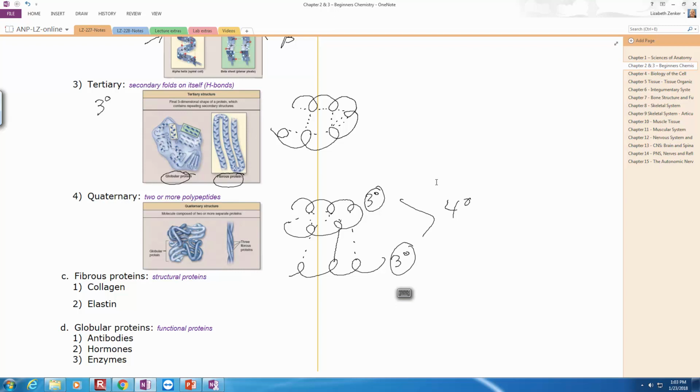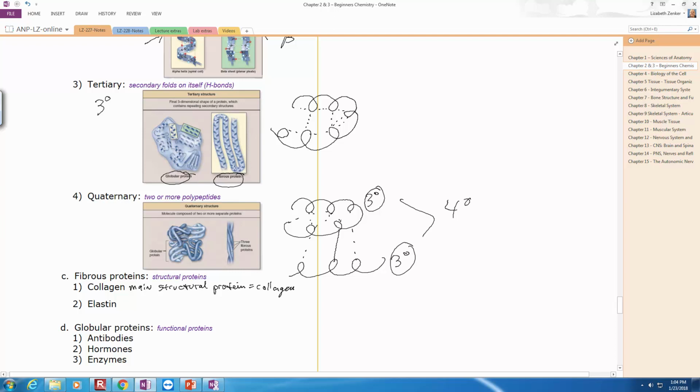So you could have a collagen type protein structure or a fibrous protein structure. So for collagen, its main structural protein is made out of collagen molecules. So we have main structural protein is collagen.